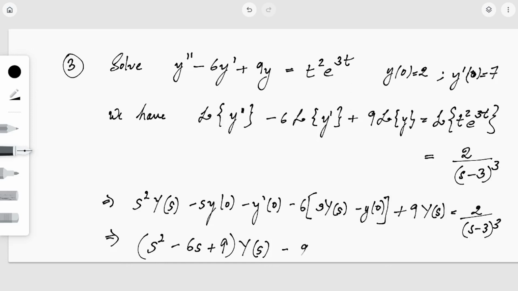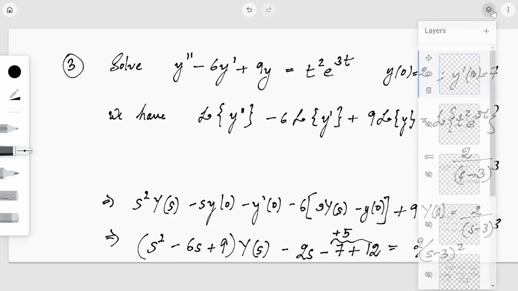It is 2, that is 2s minus 7 plus 6 into 2, that is 12. So that will be equal to this whole together is coming out to be 5, right? So this is equal to 2 by s minus 3 whole cube.